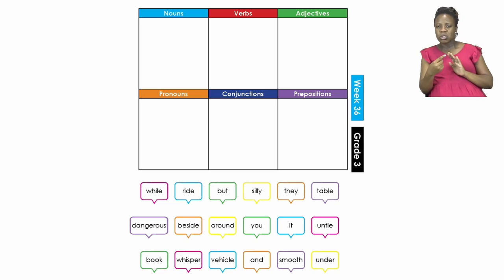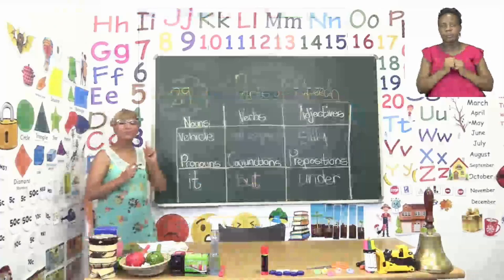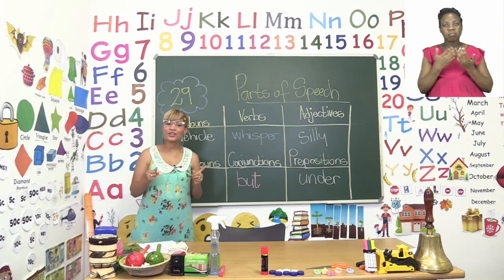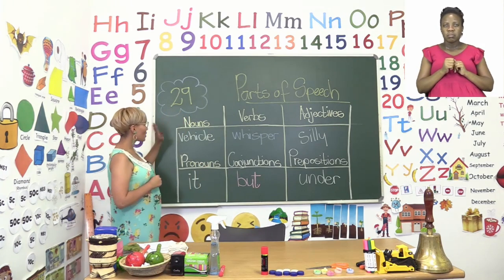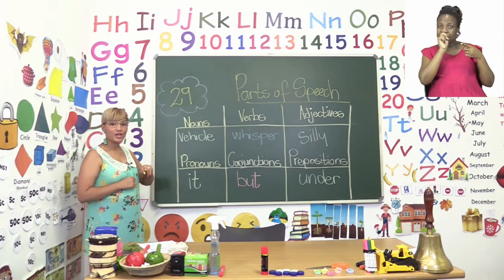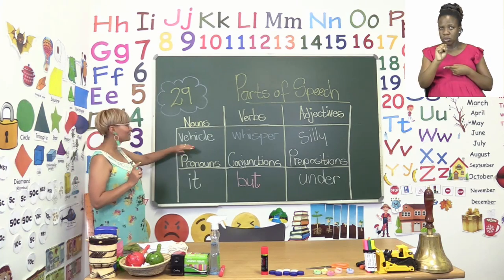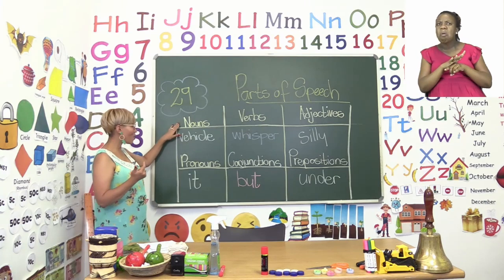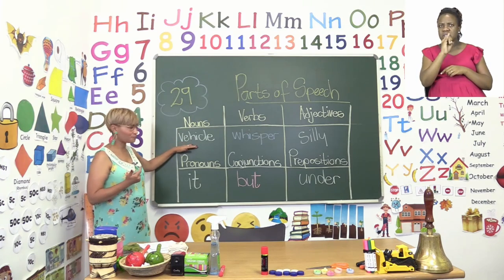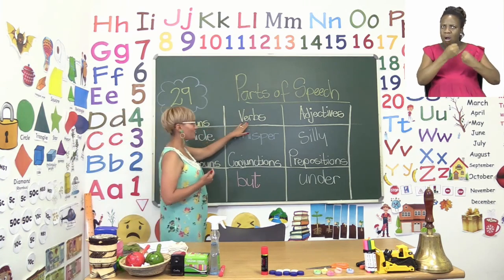Boys and girls, on the board, I drew this table and I put in a few examples of these words for you. Let's quickly have a look. The first one is nouns. The noun that I found was a vehicle. It's the name of something. Then we have our verbs.